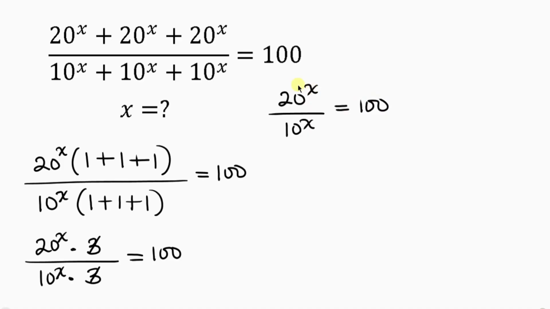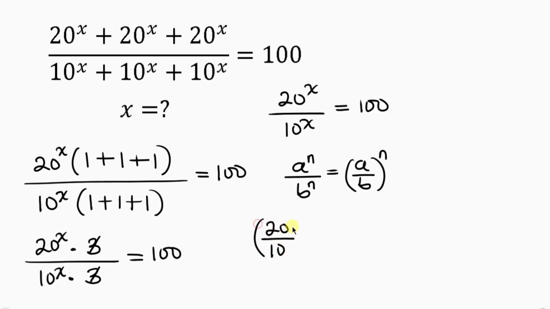Now our next step will be for us to apply the law of indices here that says when I have a to the n divided by b to the n, this is same as a over b all raised to the common power n. That means this expression can be written as 20 divided by 10 all raised to the common power x, and this is equal to 100.